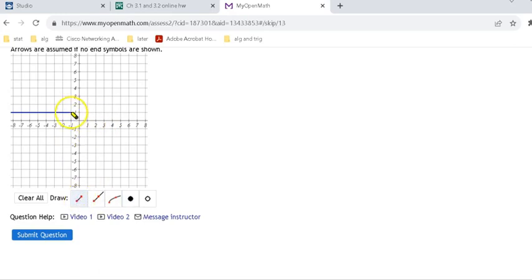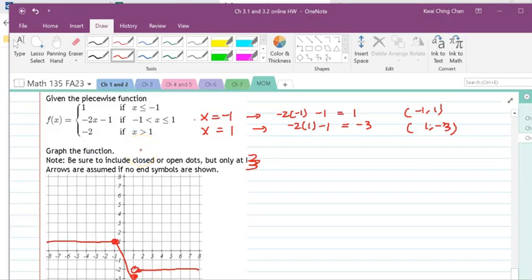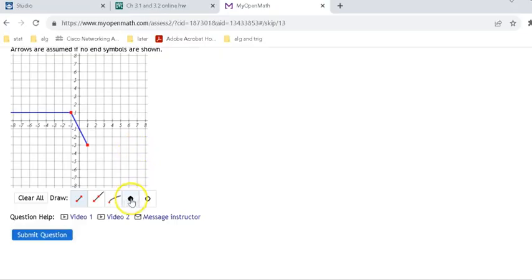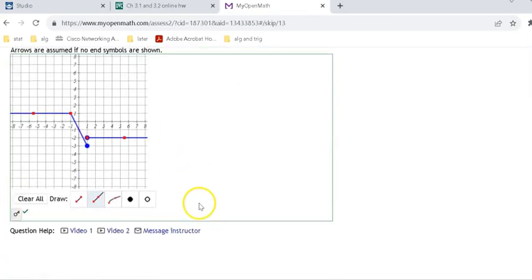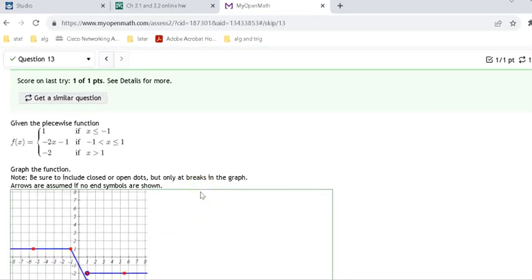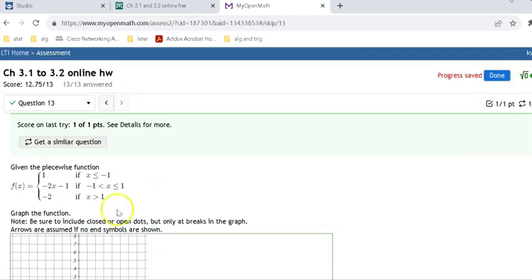Click the line segment at 1 and then down to negative 3. But this one at 1 is a dark circle. And then at that one, oh no, it's this one. It's negative 2, right? So negative 2 all the way, and then we put the solid. Yes, I think there was something wrong earlier. Okay, so that's all for 3.1, 3.2.